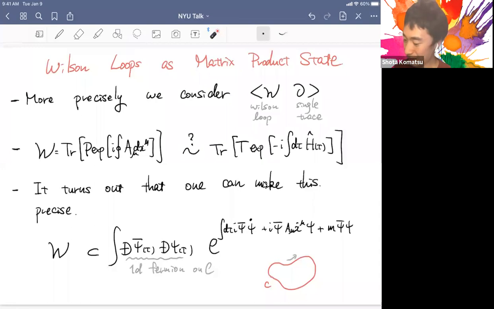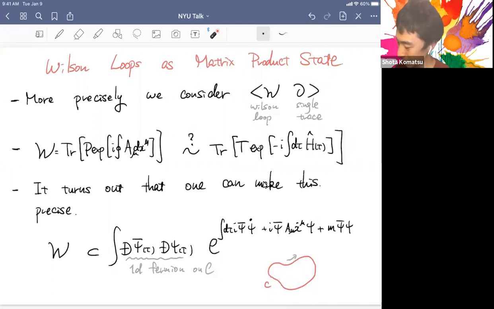It turns out that this kind of formal similarity can be made precise by introducing fermionic degrees of freedom living on the Wilson loop. More precisely, you can show that this Wilson loop, which I wrote here, can be obtained by the path integral of a one-dimensional fermion localized on the Wilson loop.